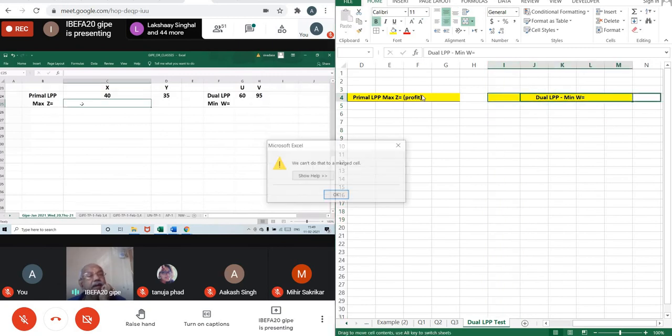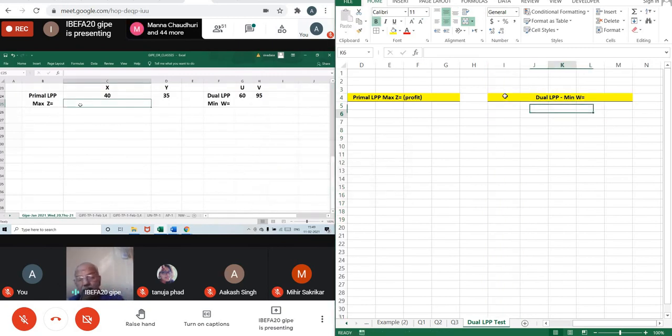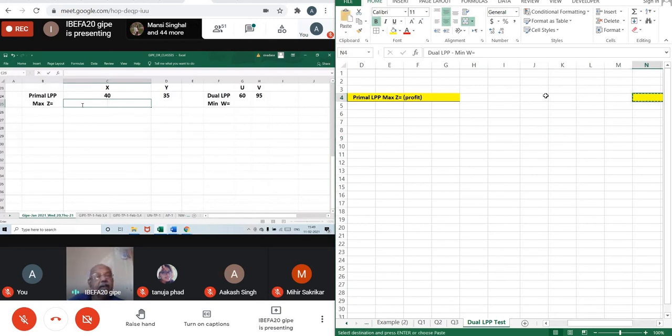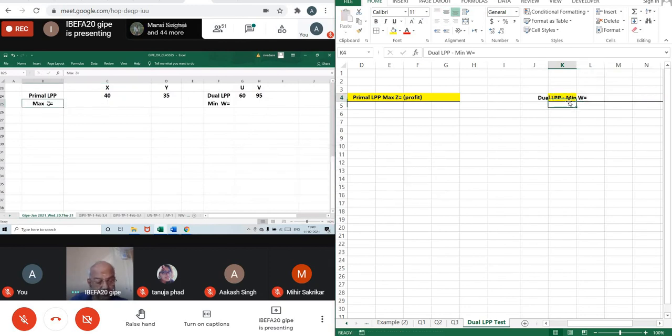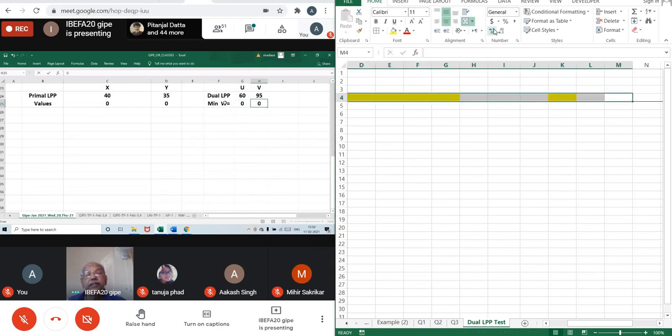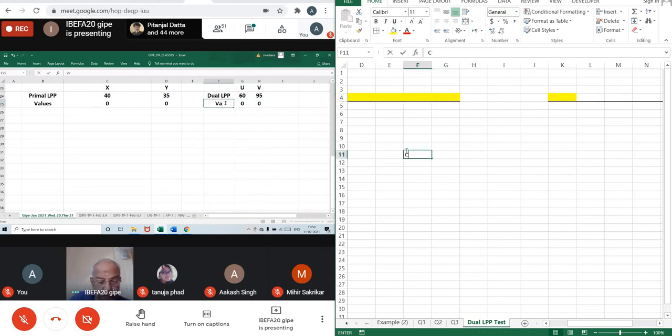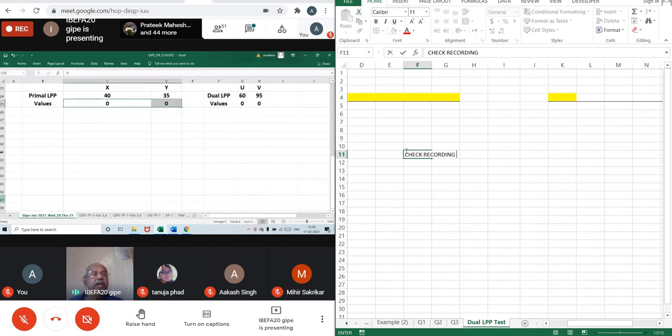So my Z value initially equals, or before that, values 0 and 0, because initially I don't know them.